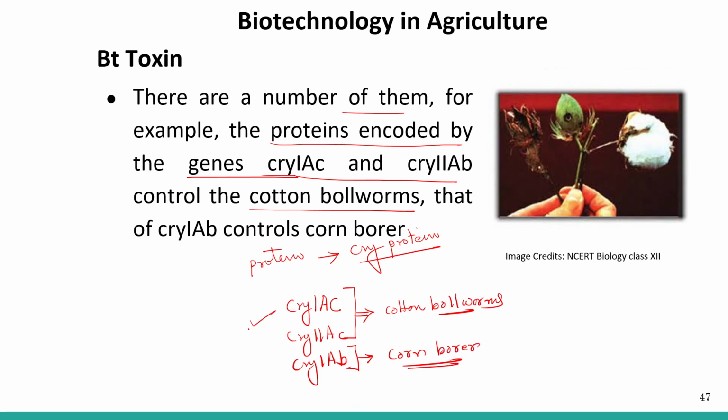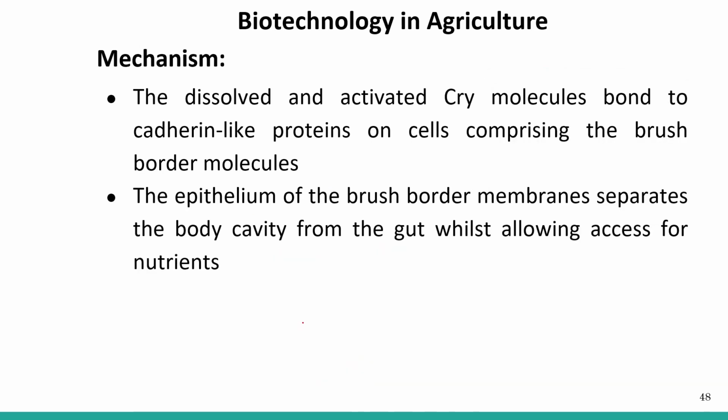So this is very, very important from the examination point of view. The dissolved and the activated Cry molecule. So where does this particular Cry protein get activated? Inside the gut of the insect. It is bound to the cadherin-like protein. Now, where are these cadherin-like proteins?